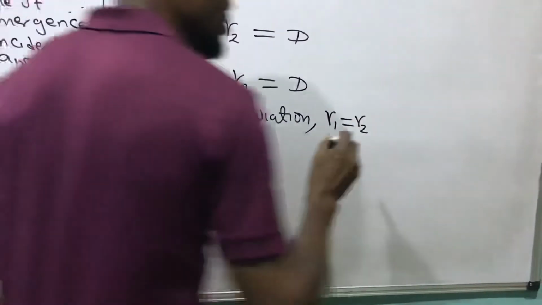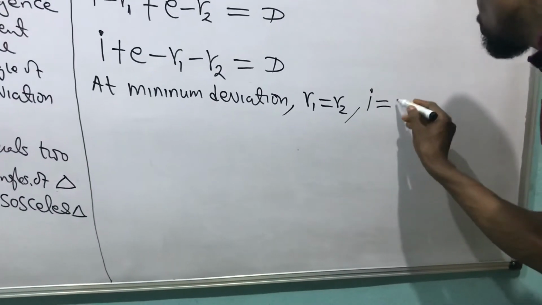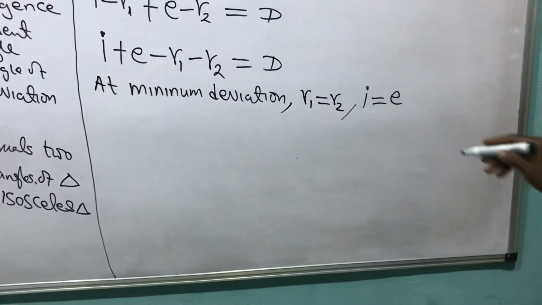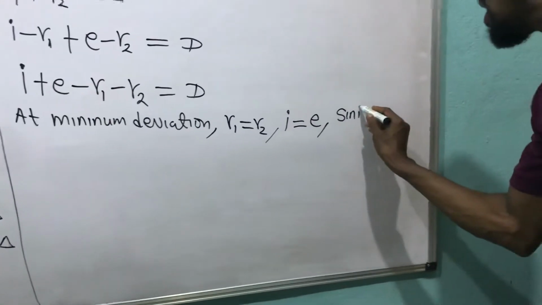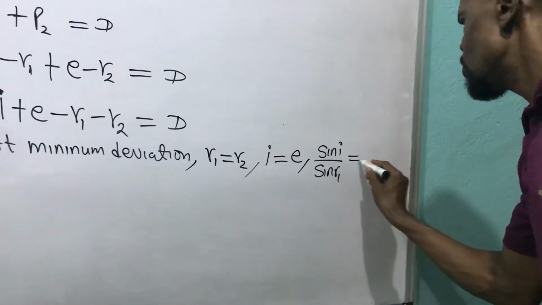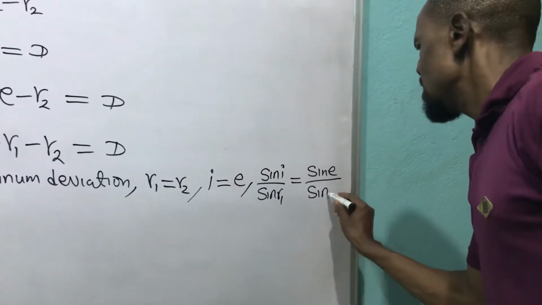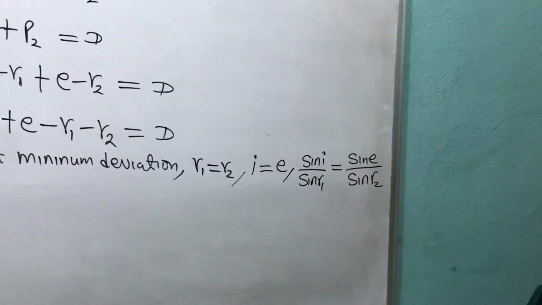That's the condition. And I is equal to E, that is, the incident angle is equal to the emergent angle. And sine I over sine R1 is equal to sine E over sine R2. This is the condition for minimum deviation to occur.